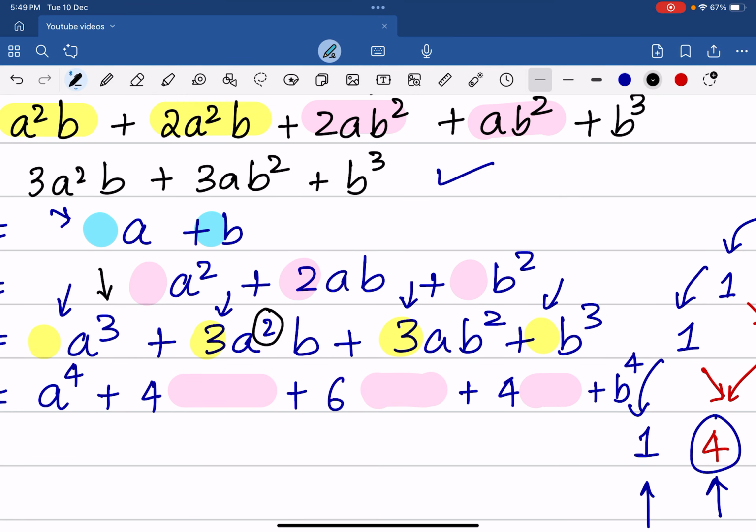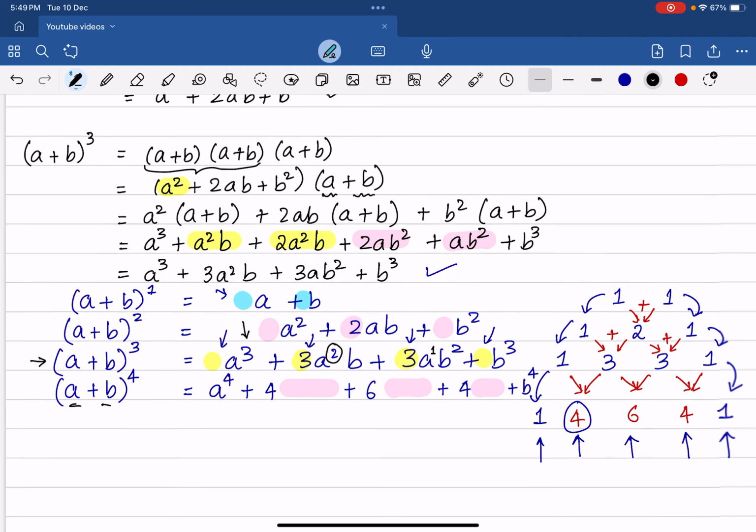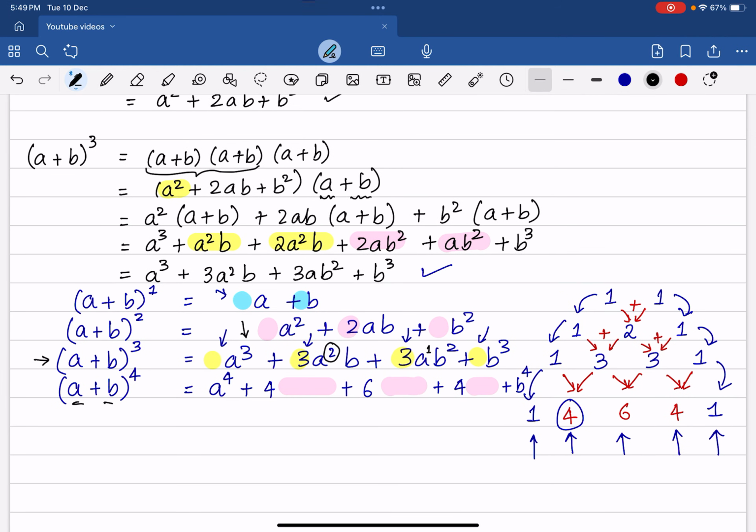Can I say if nothing is there, that means there is a 1 over here? Yes. Okay, so that is one observation, that powers of a are going to go on decreasing, which means in the next term power of a will become a cube, in the next one it will become a squared, in the next one it should become a, and in the last one a raised to 0, which is 1.